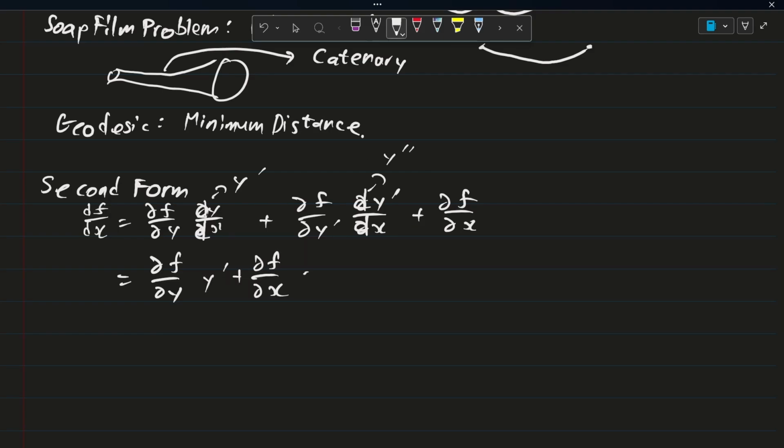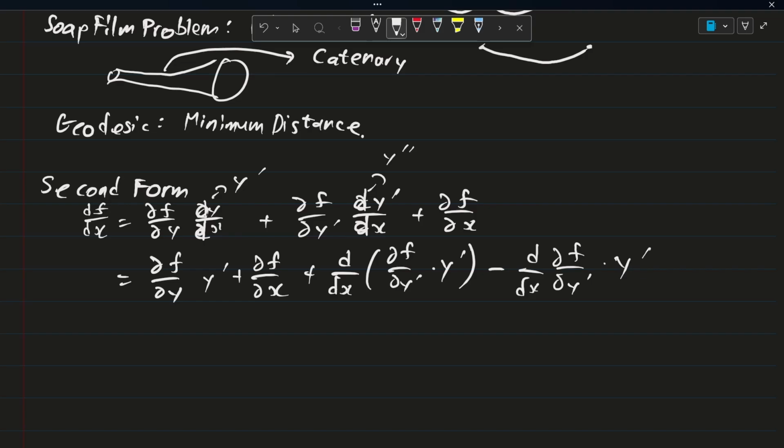For the second term here, I want to expand this, because y double prime is something that we don't really denote. So maybe we can express this as another type of equation. Something I will point out is that we can use the product rule of the derivative. It will look like d over dx of partial f over partial y prime times y prime, and then you just subtract d over dx of partial f over partial y prime times y prime, like so.